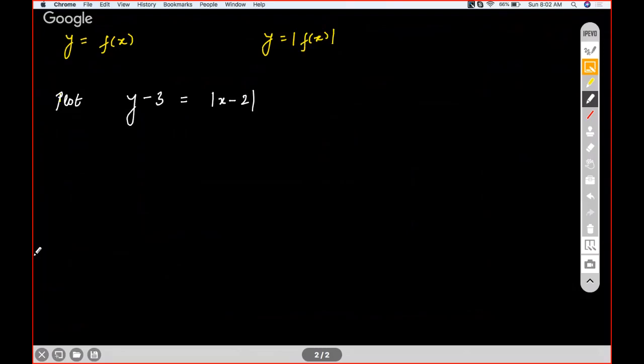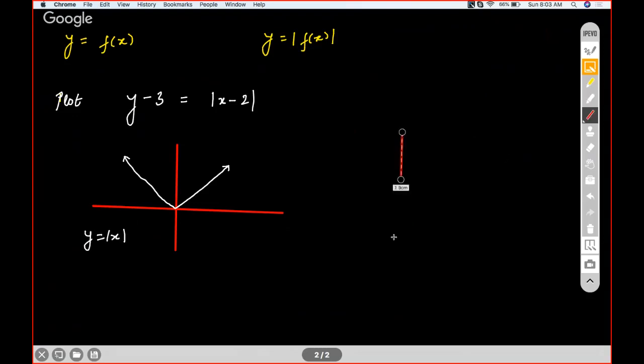First you take the graph of y equals mod x. Very good. That's the graph. So the vertex will come at the origin for that, right? At x equals 0, y equals 0. And then the whole thing is shifted 2 units to the right and 3 units up.